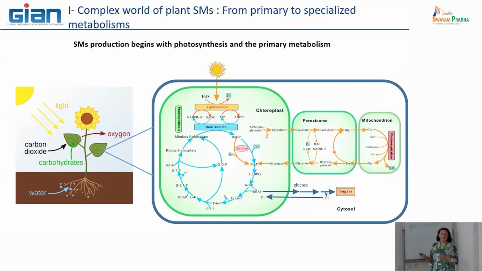Two other organelles are very important, peroxisome and mitochondrion, which are necessary for producing energy. The energy is needed for all the functioning of the cycle, because each step here is catalyzed by specific enzymes that need energy or not, depending on the enzyme.